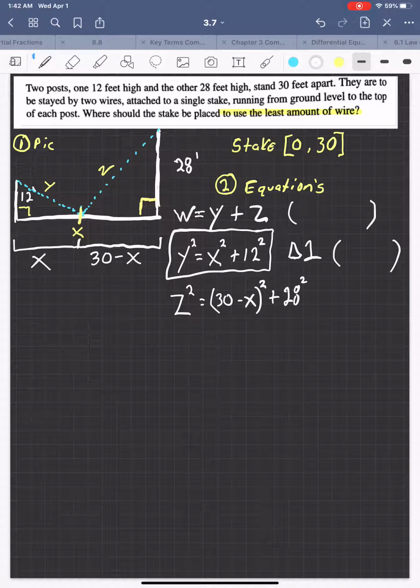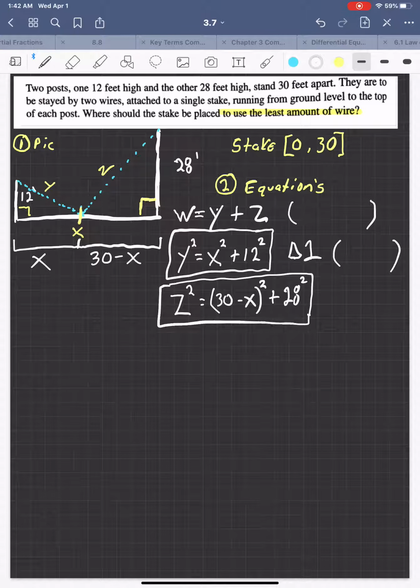Okay, I'm going to box this in as well. And this would be the second triangle.